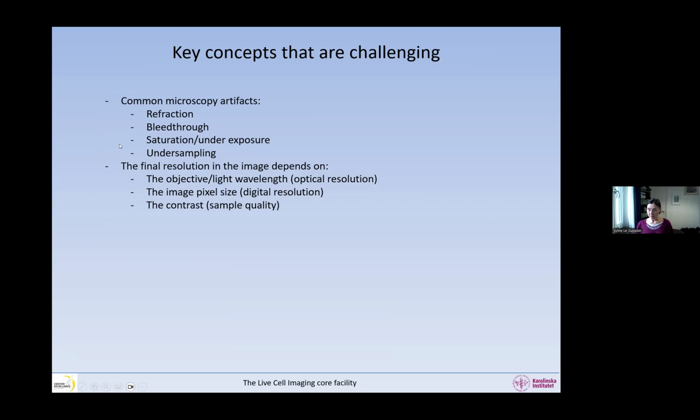Another concept that is a little bit challenging is that the final resolution in the image depends on several things. It depends on the optical resolution, which is the resolution that the objective and the light wavelength delivers, the digital resolution, which is the image pixel size, and then the sample quality that leads to the contrast. Okay, so we're going to talk about these different types of resolutions as well as the sample quality and the contrast in this course.